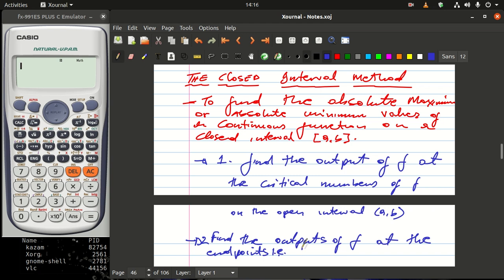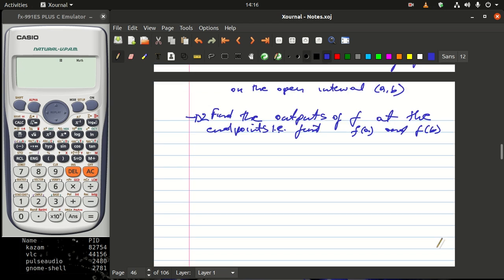That is, you actually find what is f of a and what is f of b if we are talking about this interval a and b. So you want f of a and f of b. And then once you actually end up finding those things, you will be so close to finishing this whole thing, because what you need to do now, you just have to compare this one with that one and also the outputs of the critical numbers that you got here.